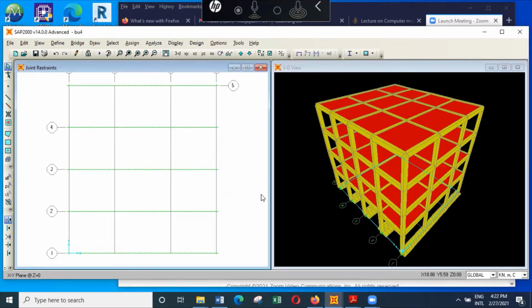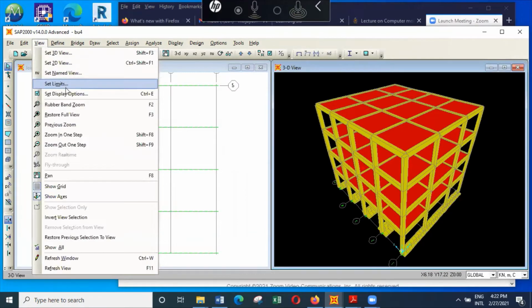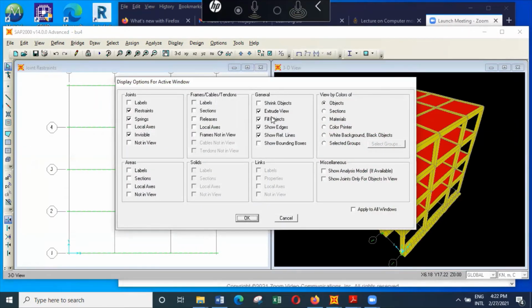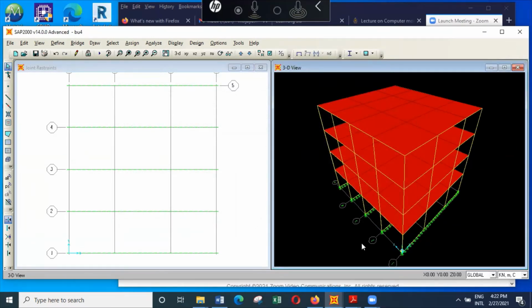So now the structure is ready. And if I say just don't extrude, here you can see the model with all the springs. So now you have the model with springs, and I can actually analyze it now.